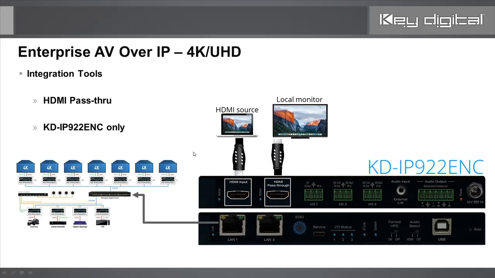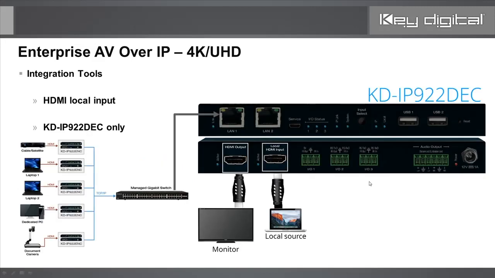Let's look at some of that connectivity, because as we look here at front and rear, we see these units certainly are loaded. On the encoder, there's an HDMI input and an HDMI pass-through, so consider that for some of your presentation options and systems.